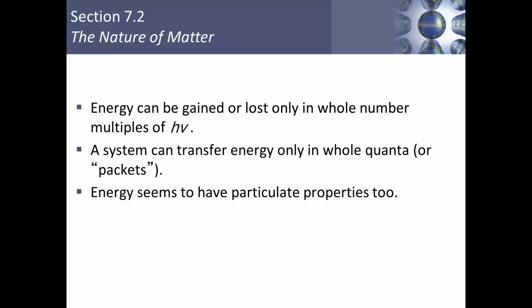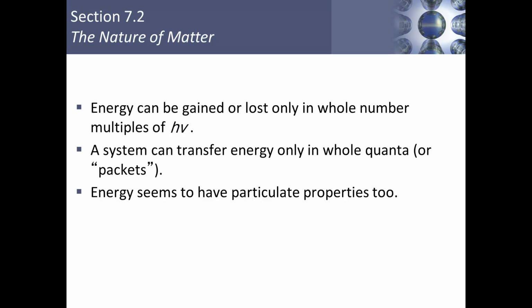Planck postulated energy could only be gained or lost in whole number integer values, with the quantity h nu. H here is Planck's constant, and nu, again, is the frequency of electromagnetic radiation.